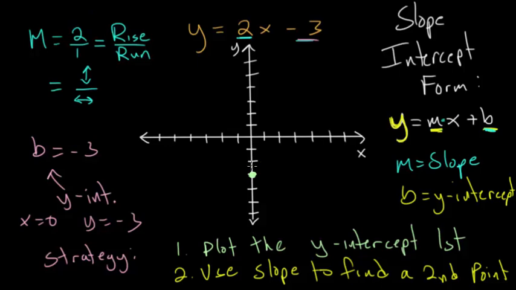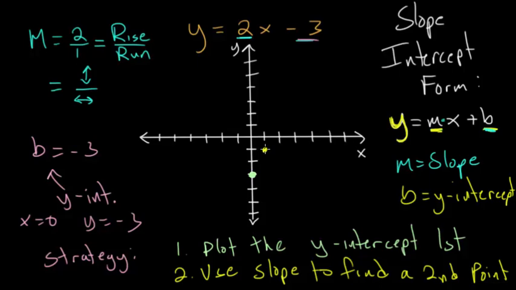So our rise is 2, we go up 1, 2, and then our run is 1 to the right, so that ends up right here. And so that'll be a point on our line. And at this point, you're pretty much done. You just have to connect these with a line, since you only need 2 points when you actually graph a line. And so if you want, though, you can continue finding more points, just filling it in nicely. Maybe it makes it a cleaner drawing.